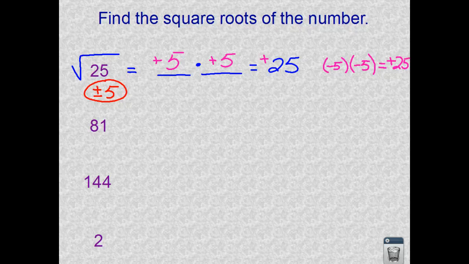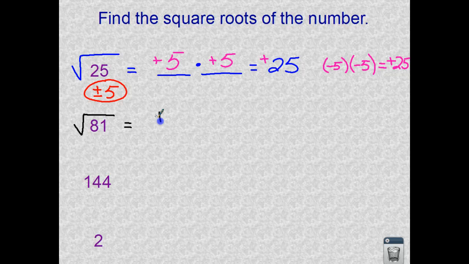Okay, next one, 81. So the square root of 81 is equal to, that would be on our perfect square chart. We have a number multiplied by itself that's not a decimal. These are all whole number answers of what? So we would have 9 times 9 and negative 9 times negative 9 would get us 81.